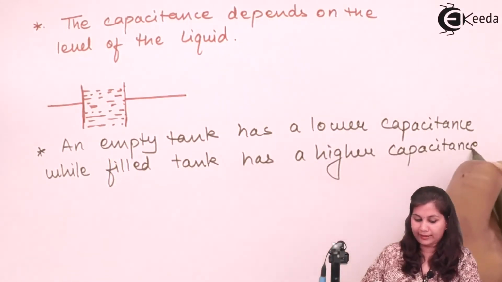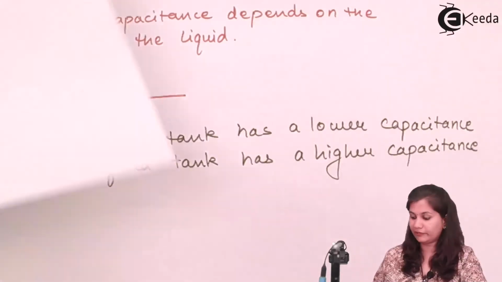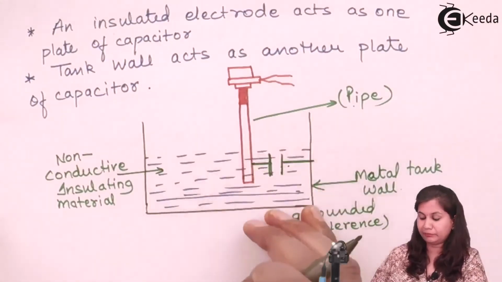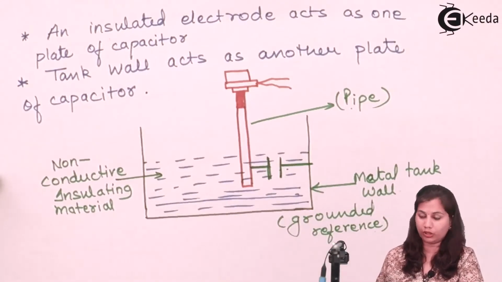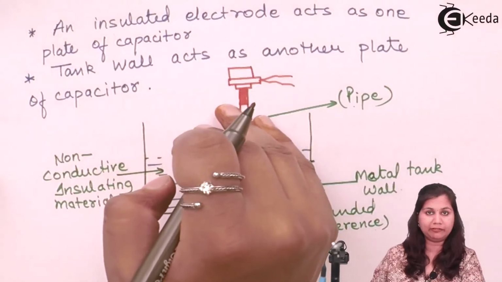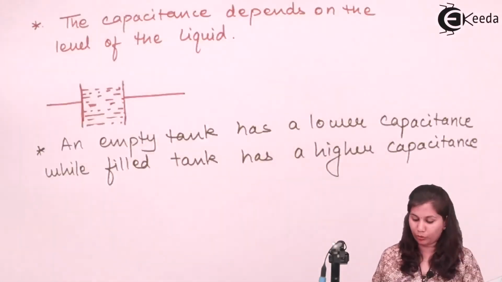In this capacitive level sensor, when the tank is completely empty, the capacitance will be lower, and when the tank is completely filled, the capacitance will be higher.